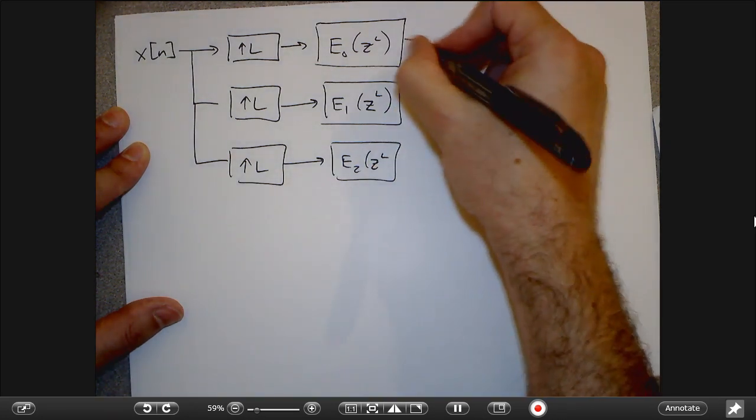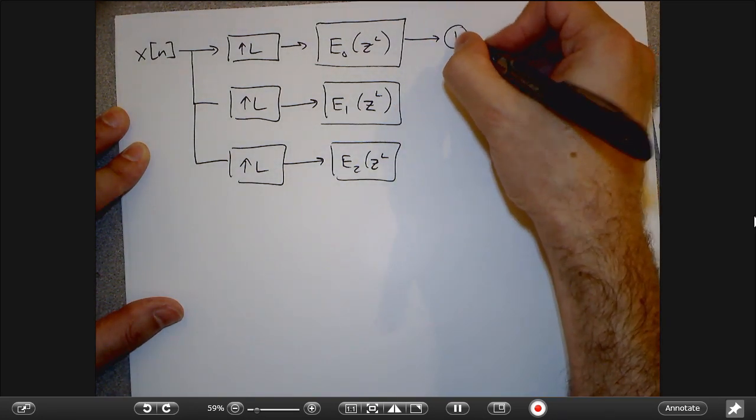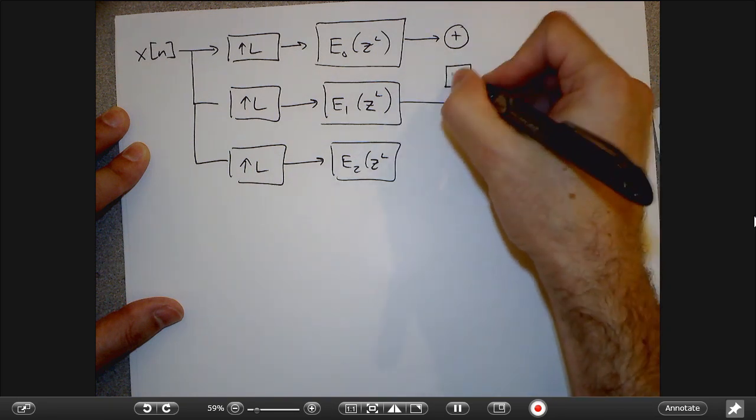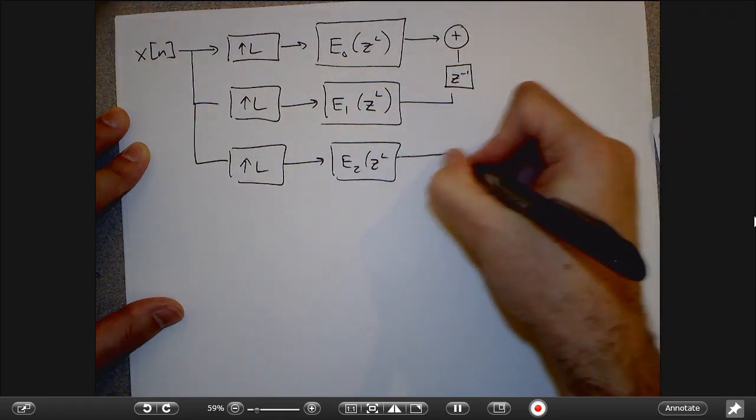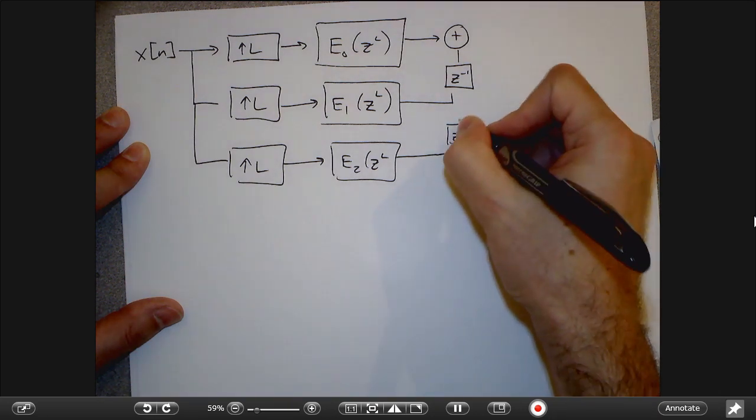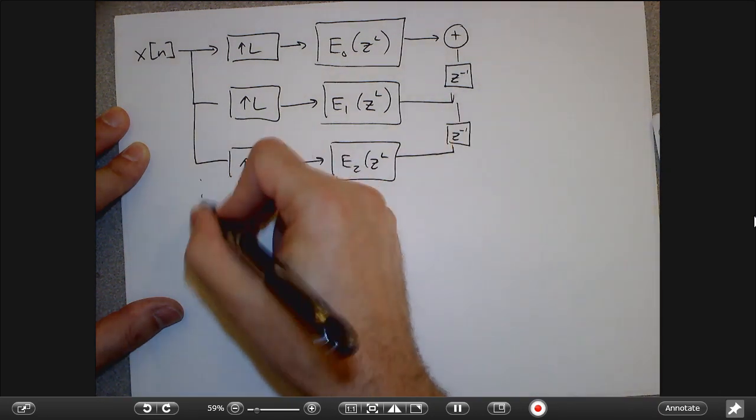And then to put things back together, I have to delay these guys and add them up. Dot, dot, dot.